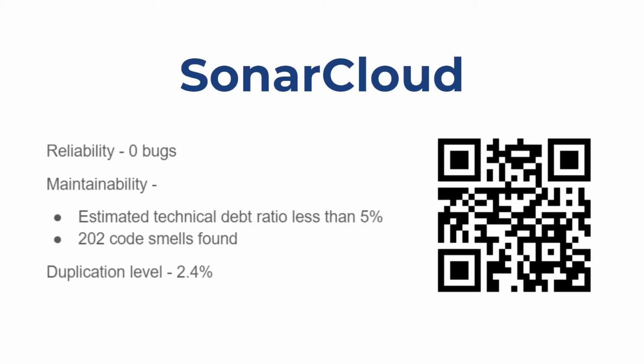So it's mostly styling problems. Yes, but there is also some commented out code that should be deleted, and it's not a very big problem. Also, we have a QR code here, and you can go to it and see our SonarQube results.